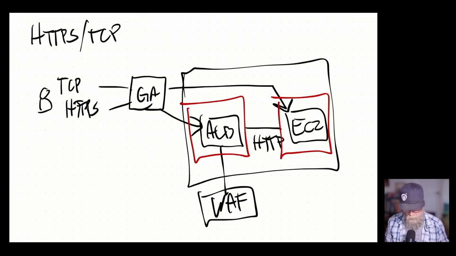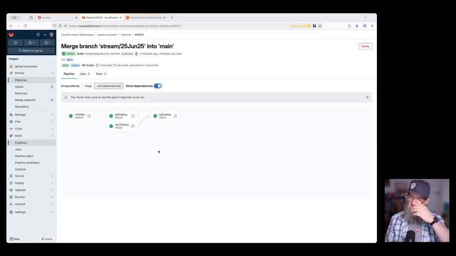So with that said, let's jump into the project and recall where we are and what's been deployed. I've got the Git project here, and if you remember what we did last week, we set up a global accelerator, we set up our VPC, and we set up those dummy security groups, just more placeholders than anything.